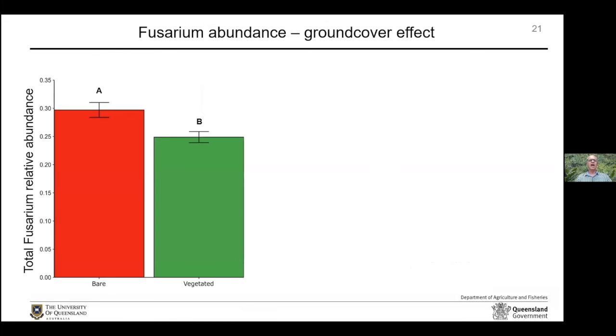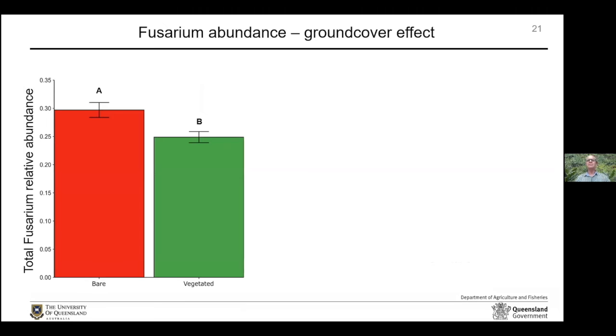On average, over those 4 years, the total Fusarium abundance in the soil was significantly higher than in the vegetated. That's the red bar on the left, which was significantly greater than the green bar where we had vegetated soil.